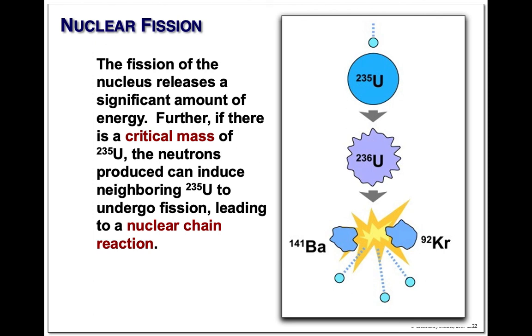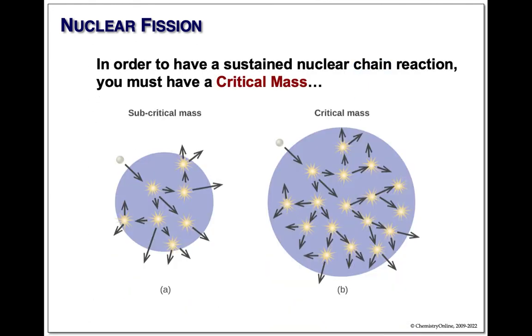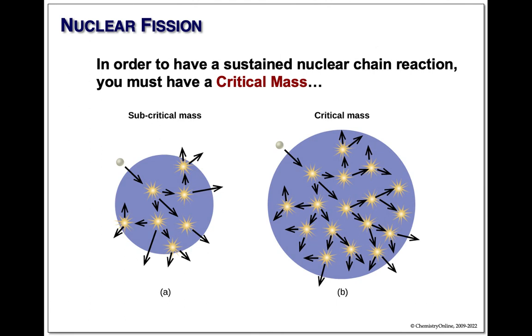Now, in order for this to proceed in the chain reaction, you've got to have enough stuff there. If you have a little tiny bit of uranium-235, that's called a subcritical mass. And that means that once this happens, these neutrons that you make can sneak out.